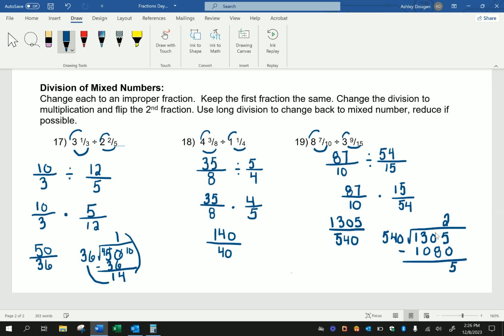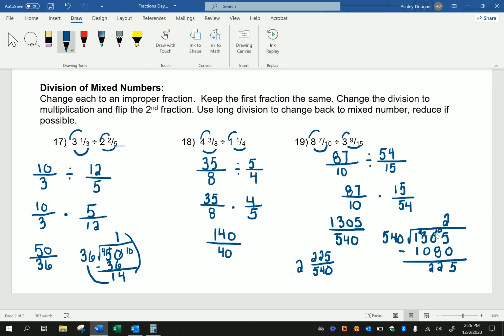And when I subtract, I would get 225. So 2 with a remainder of 225. When I write this as a mixed number, I get 2 and 225 over 540.